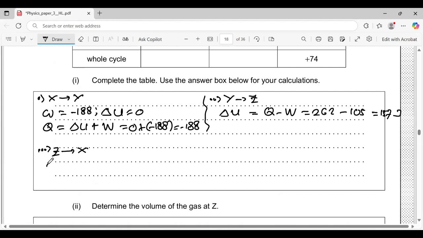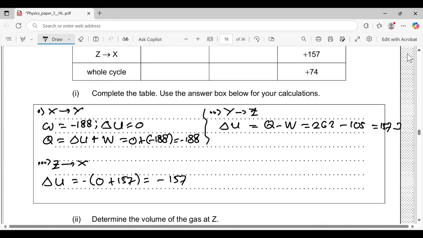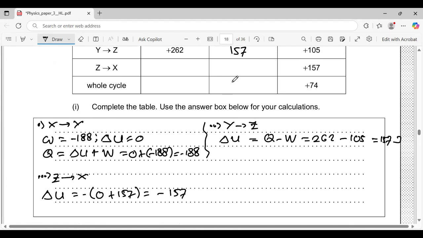So it means delta U equals minus 0 plus 157. So it is minus 157.